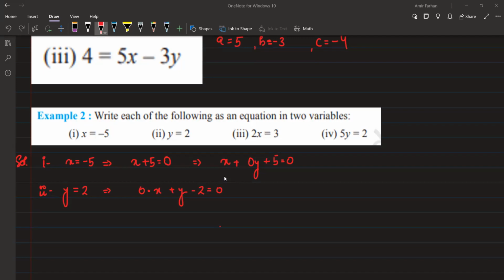The third one, just a second. The third one: 2x plus 0y minus 3 equals to 0.